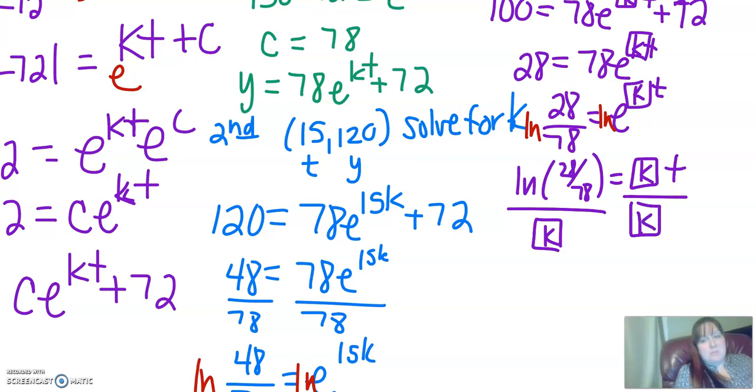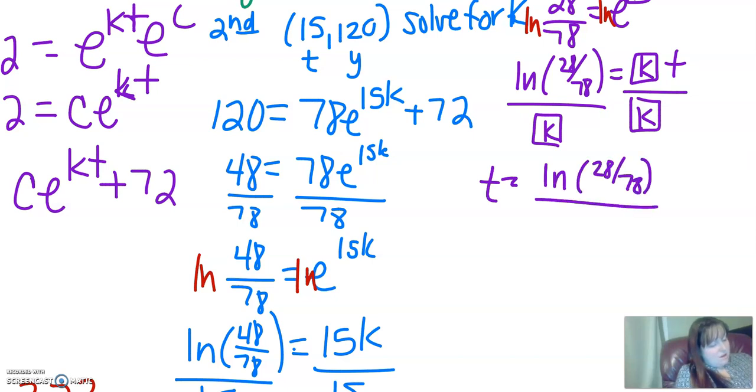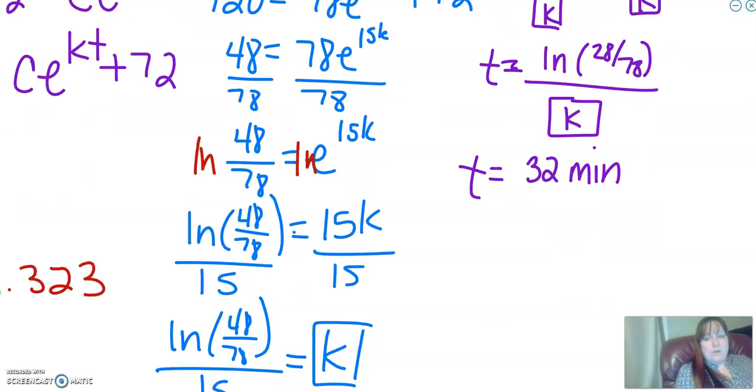I'm putting a box around it because I'm reminding you that it's not actually a variable anymore. It's a number that we've stored in our calculator. So in the end, our time equals ln of 28 over 78, all divided by k, our constant of proportionality, and we end up with time equals about 32 minutes. So it'll take 32 minutes for it to get to 100 degrees.